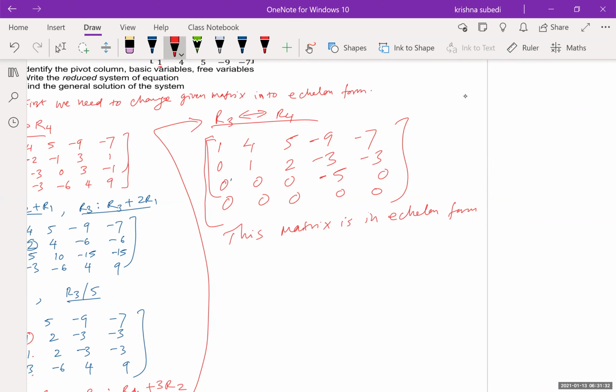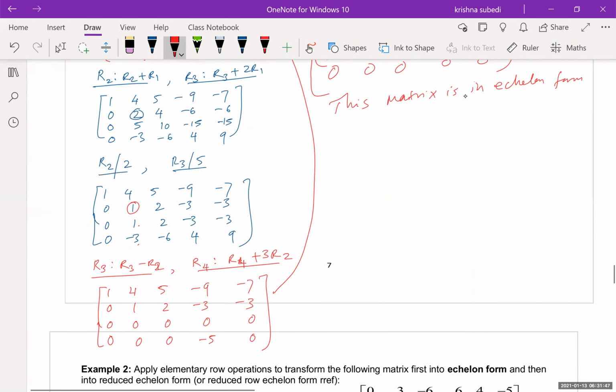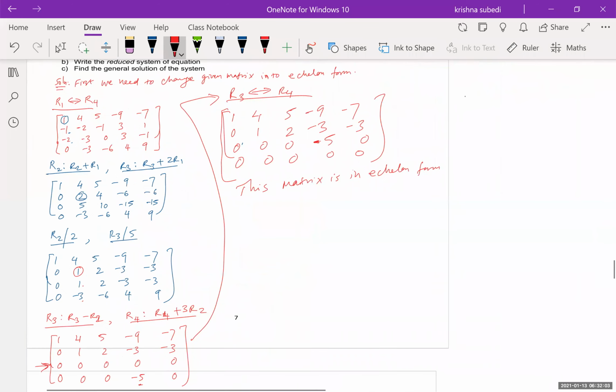One of the properties for echelon form is that if there is all 0 in a row, that must be at the bottom. If any row has a non-zero number, for example in here there is the non-zero number 5, and this row has all 0, therefore the row with all 0 must be at the bottom. Okay, this matrix is in echelon form now.